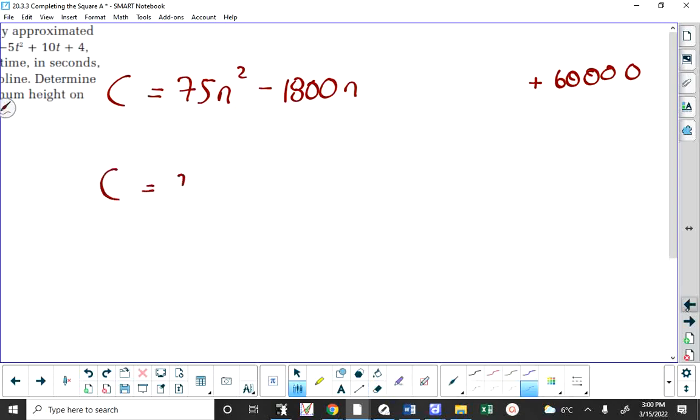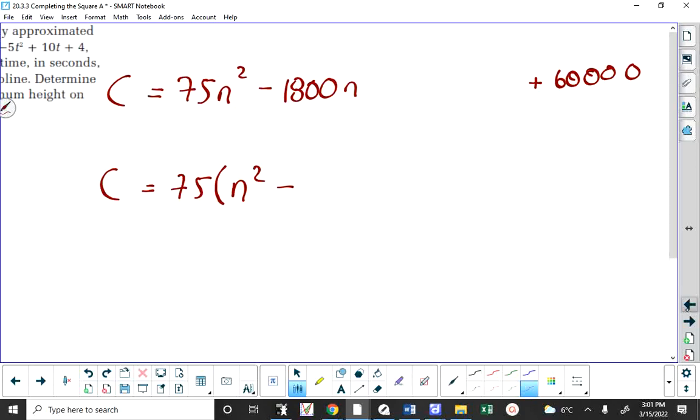Then you would factor out 75 out of the n squared and the 1800n, and I'm convinced that 75 divides into 1800 an integral number of times, and I want to say 72. But I'm obviously wrong. I want to know what 1800 divided by 75 is. 24.